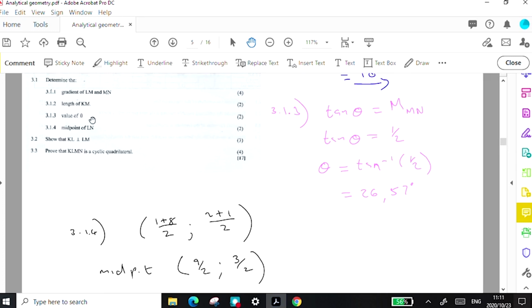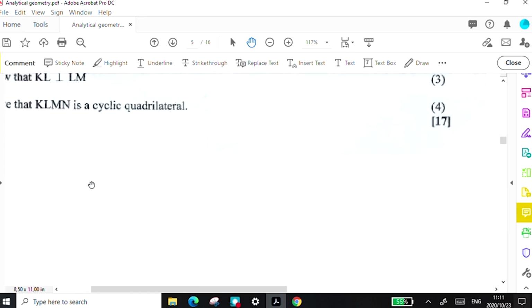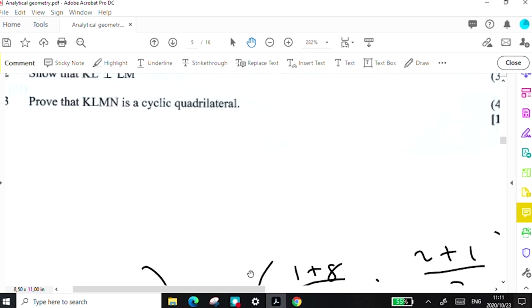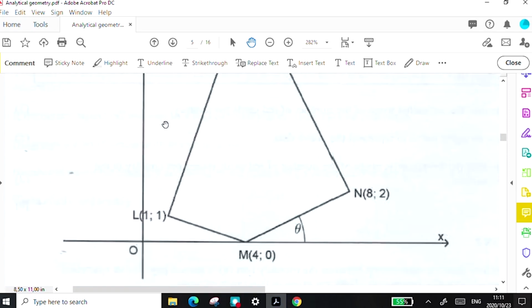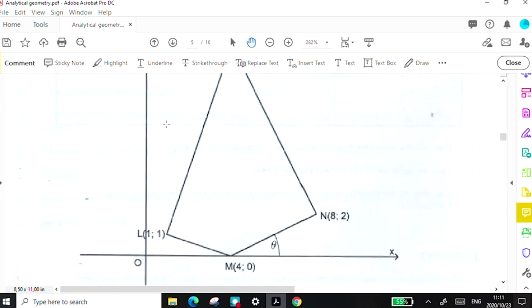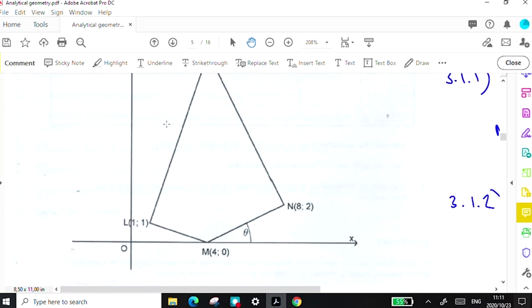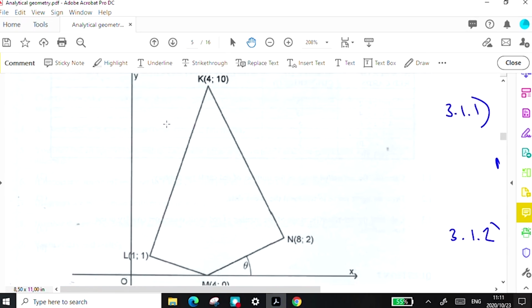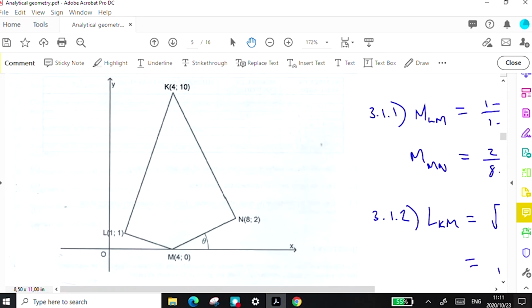We also want to prove that KLMN is a cyclic quad.